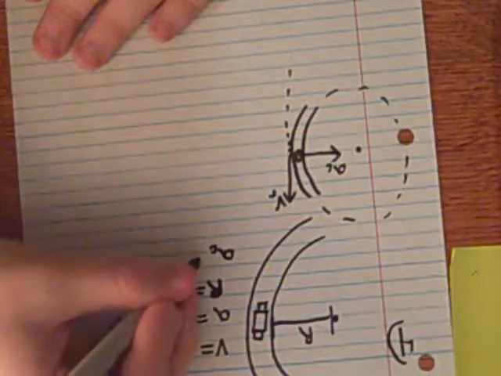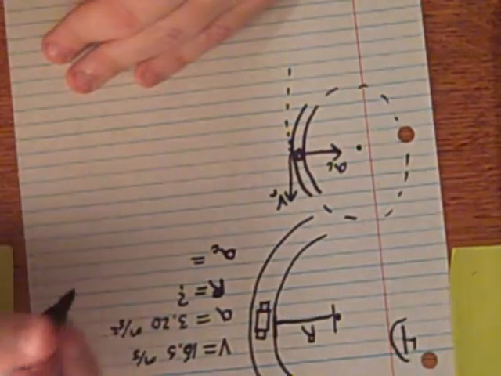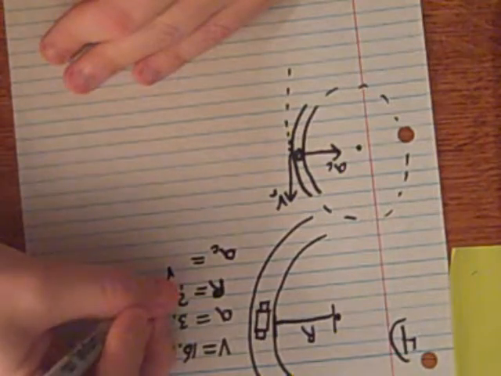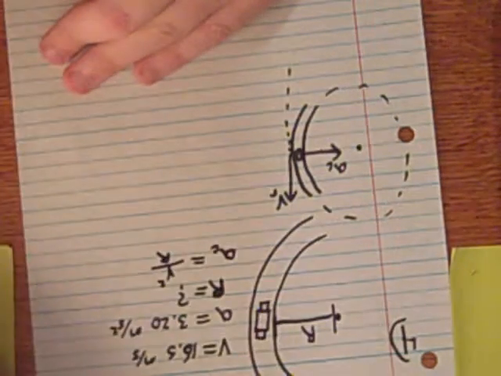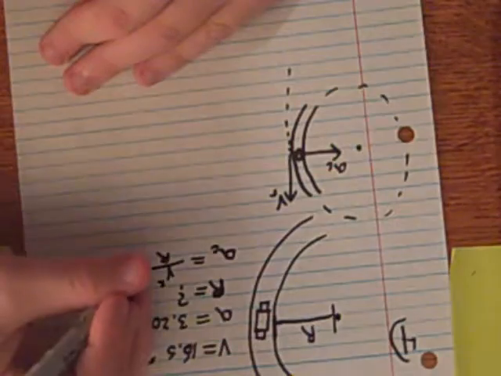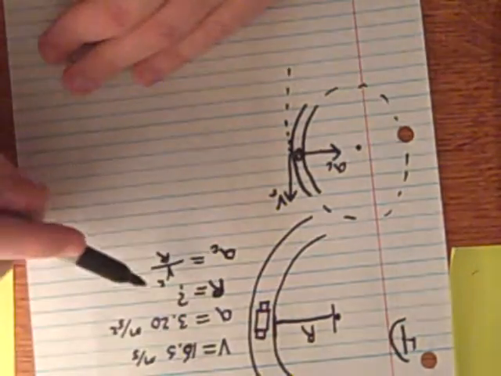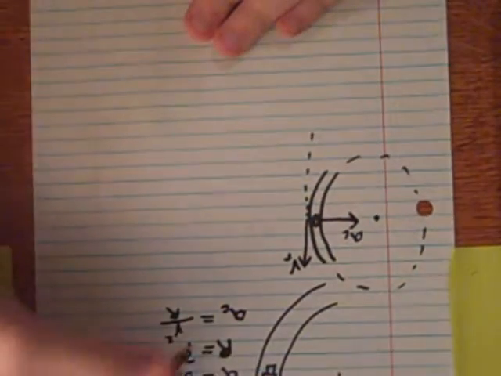That's just for you to know, it's not really part of this problem. And it's equal to v squared over R. Well, we know this and we know this. All we need is this, which we can plug our stuff in and figure it out.